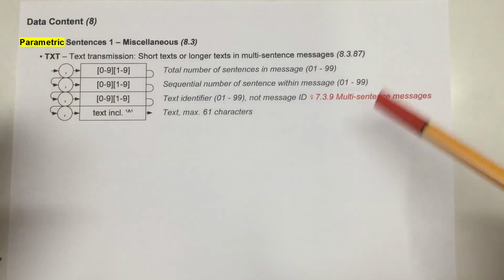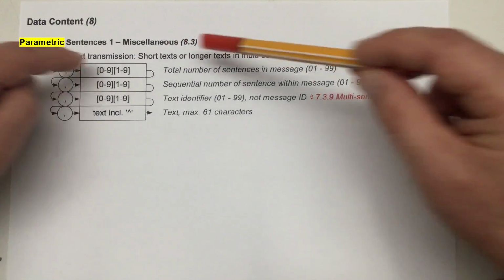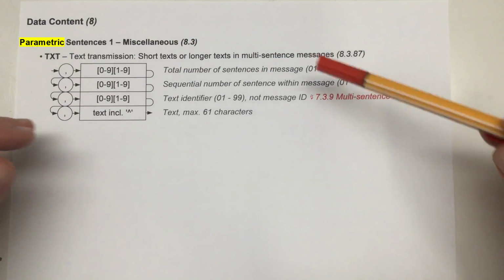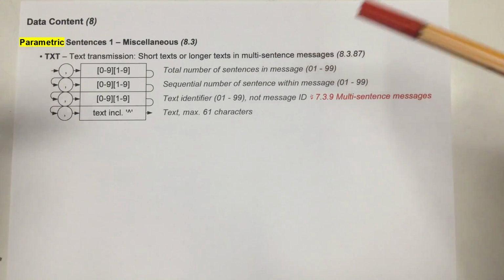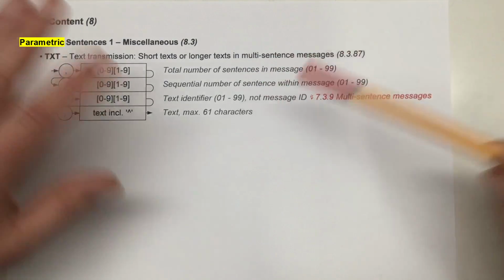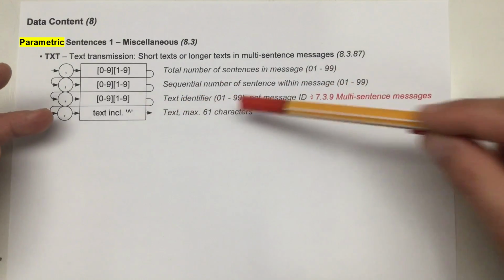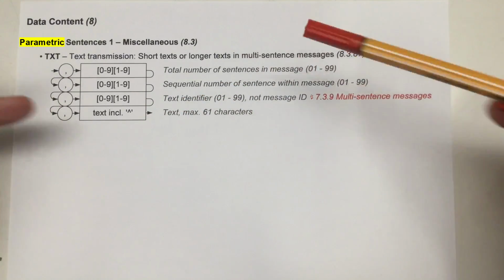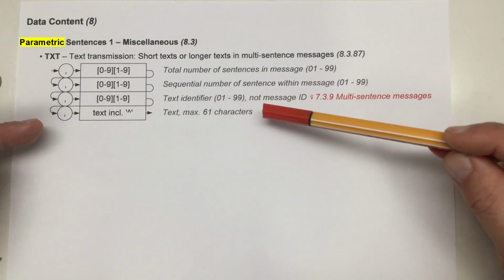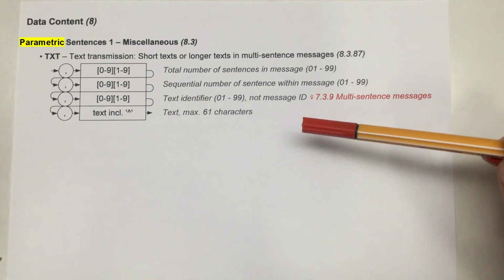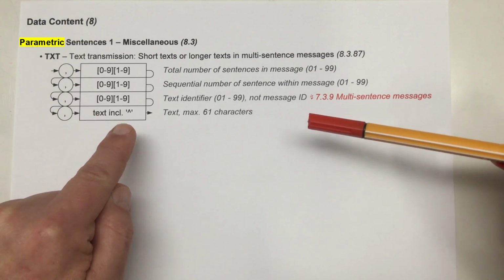But anyway, they get away with that by calling it here for the text transmissions not a multi-sentence message, but a multi-sentence transmission. Sorry, ranting again. Anyway, the fourth field is the text, or if it's really multi-sentence, the text fragment itself, with a maximum length of 61 characters, and that text might include the escape character.